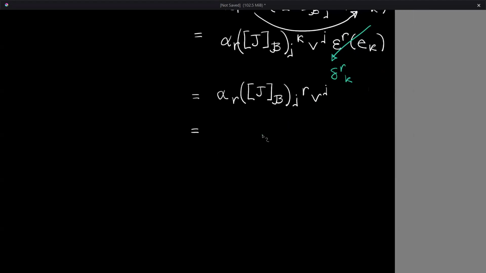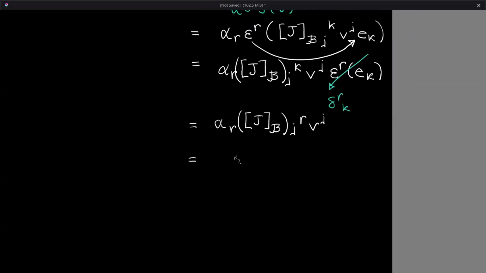Now we recognize this index equation. If we look at it, it's a matrix that's acting on a row vector or a covector, so we can think of this as this kind of thing, but then transposed alpha.